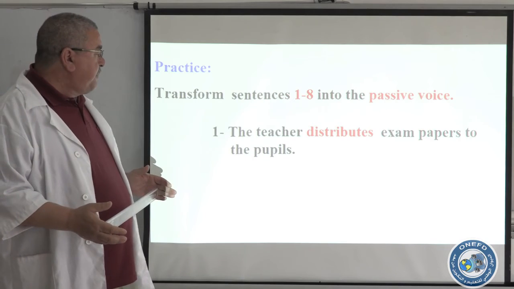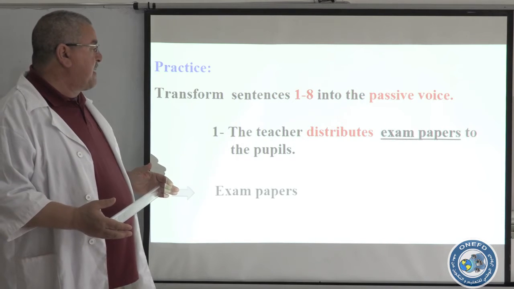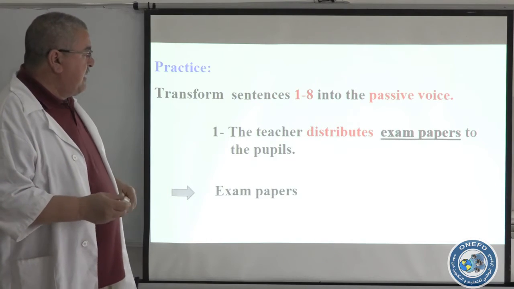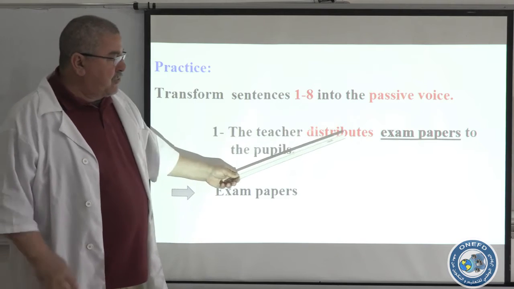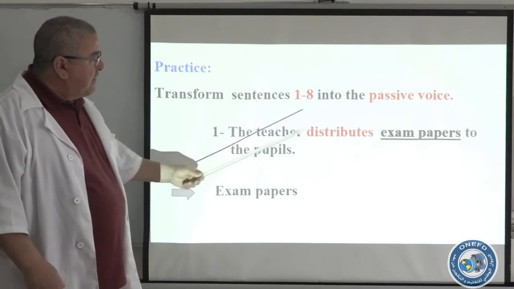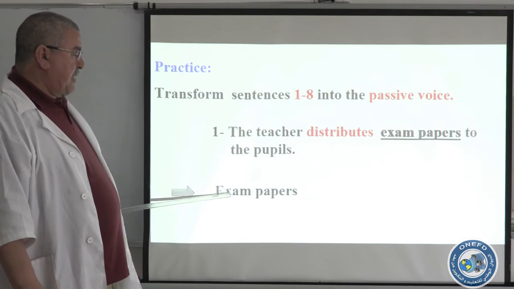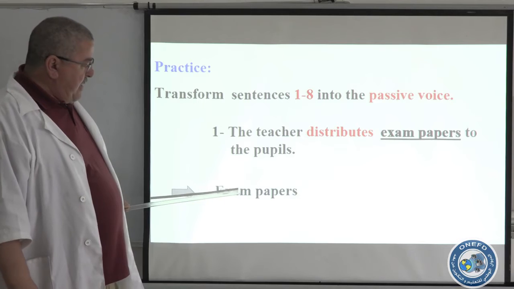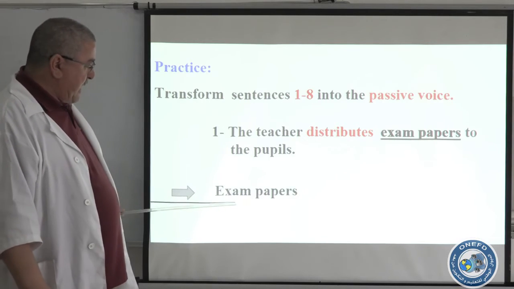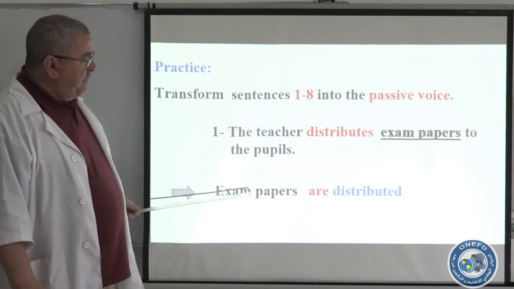Now, if we go back to the analysis we made, where is the object complement here? The teacher distributes what? He distributes exam papers. We take it and position it in the beginning of the sentence. So, this is our subject, exam papers. What about the verb?